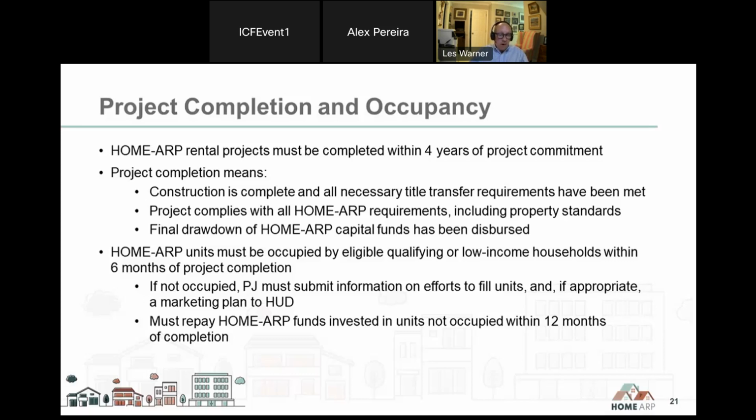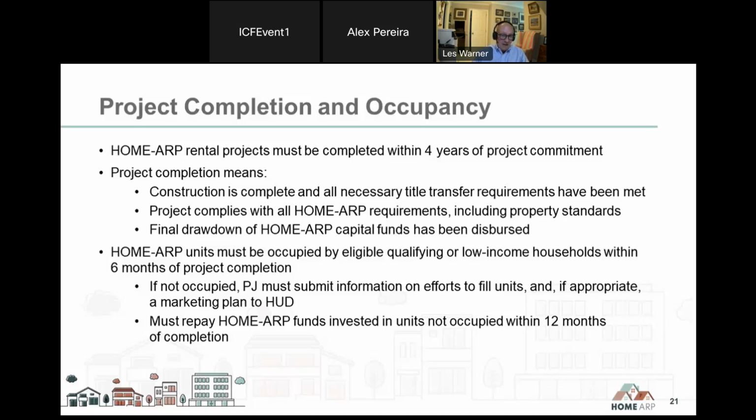At the 6-month mark, essentially, HUD may be looking to see if they're not occupied at this point and asking the PJ, tell me about your marketing efforts, tell me how you are going to ensure that within our 12-month timeline, all of those units would be occupied by eligible households. If the PJ fails to be able to show that those units at 12 months after project completion have been occupied by eligible households, then those HOME-ARP funds would need to be repaid.